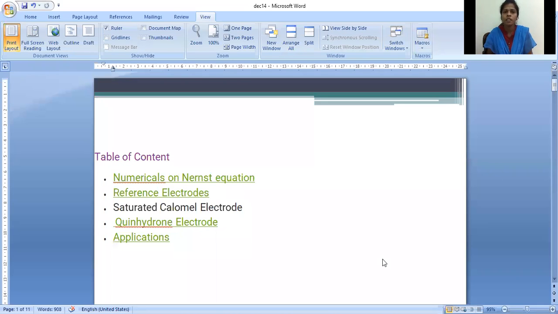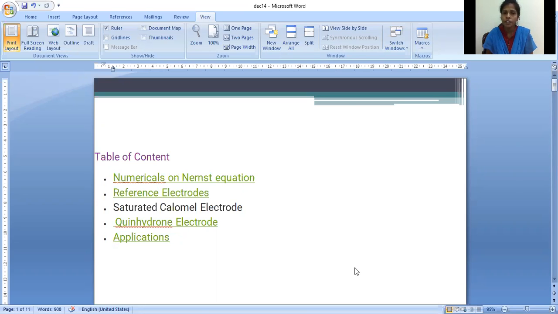Good morning, students. In the previous session, we have seen the derivation of the Nernst equation, applications of the Nernst equation, and the Nernst equation at room temperature. But before that, let us recall the Nernst equation.